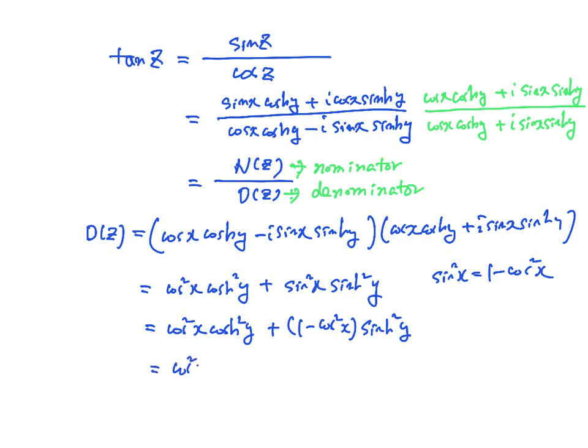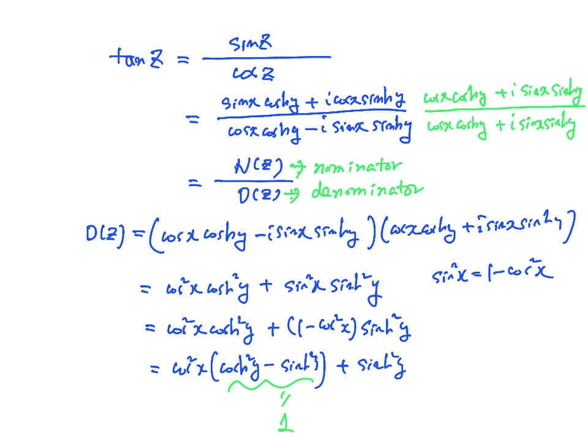So cosine square x cosh square y minus sinh square y. Anybody remember this? Cosine hyperbolic square minus sine hyperbolic square is always 1. Same as cosine x square plus sine x square is always 1, right?